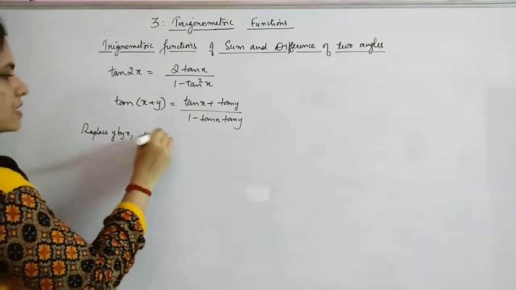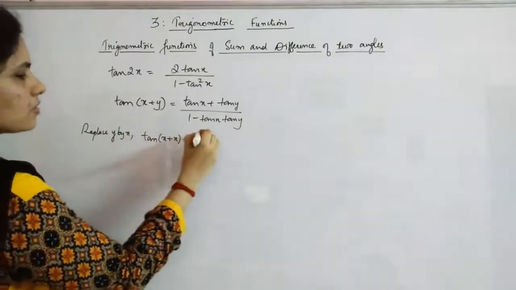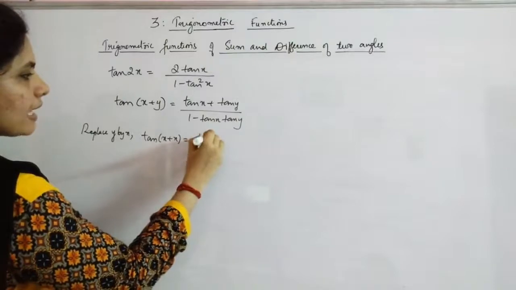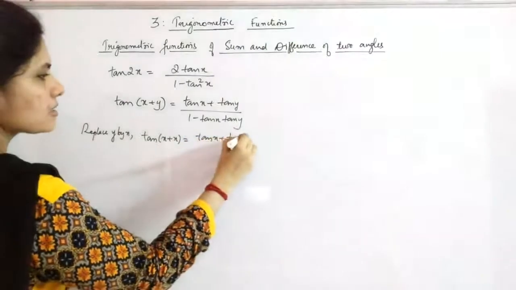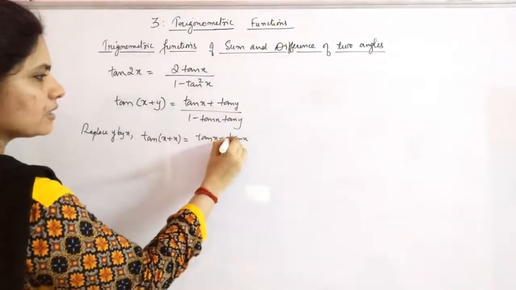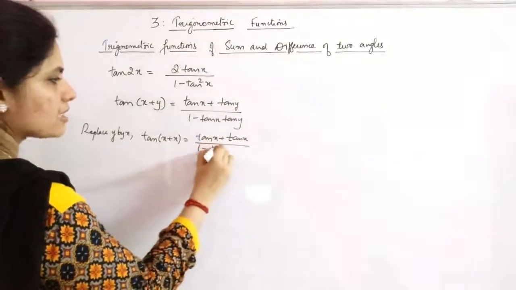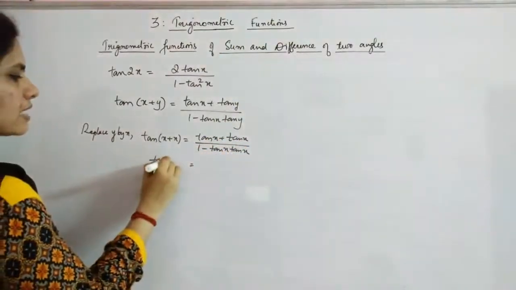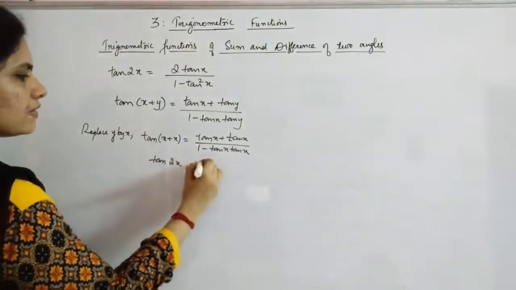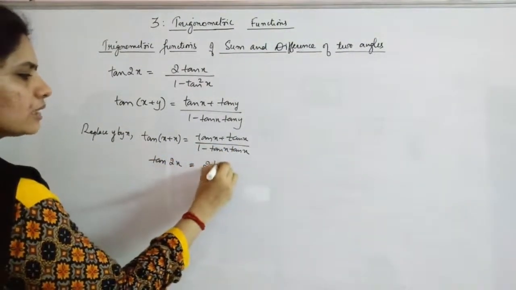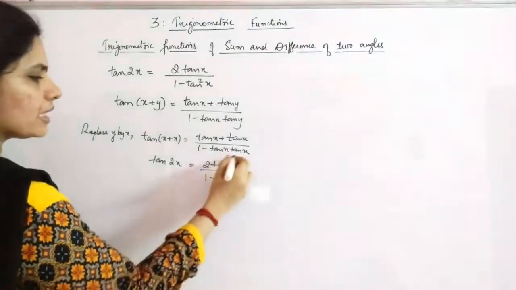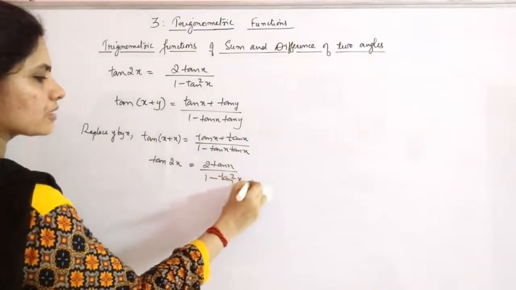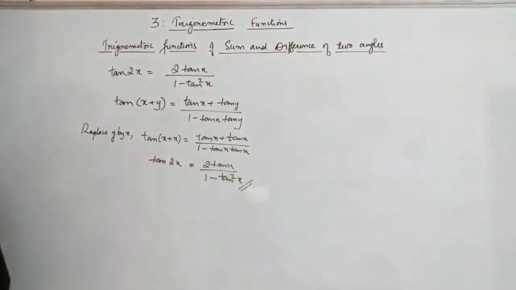The left hand side becomes tan of x plus x is equal to tan x plus tan x, so this y has been made x, divided by 1 minus tan x tan x. So that your left hand side is tan 2x and the right hand side will become tan x plus tan x, 2 tan x divided by 1 minus tan square x.